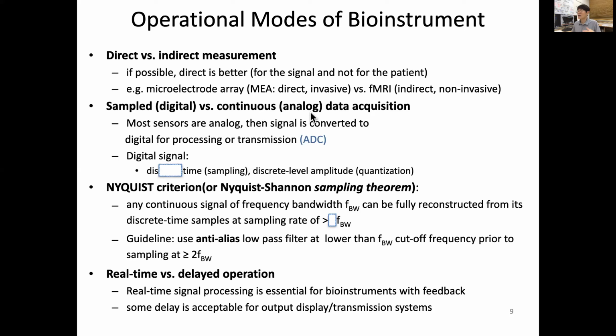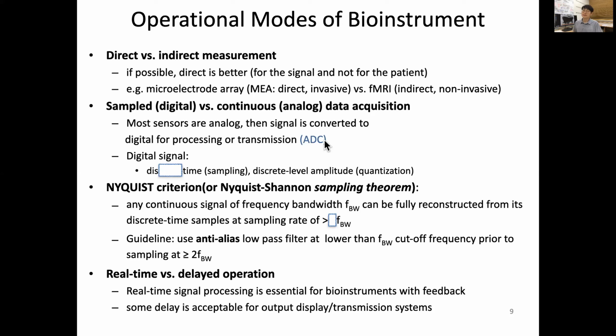So data acquisition can be divided as sampling versus continuous, or digital versus analog. While most sensors are analog, the signal has to be converted into digital for our processing or transmission to another form of data, which we call ADC, or analog to digital conversion.